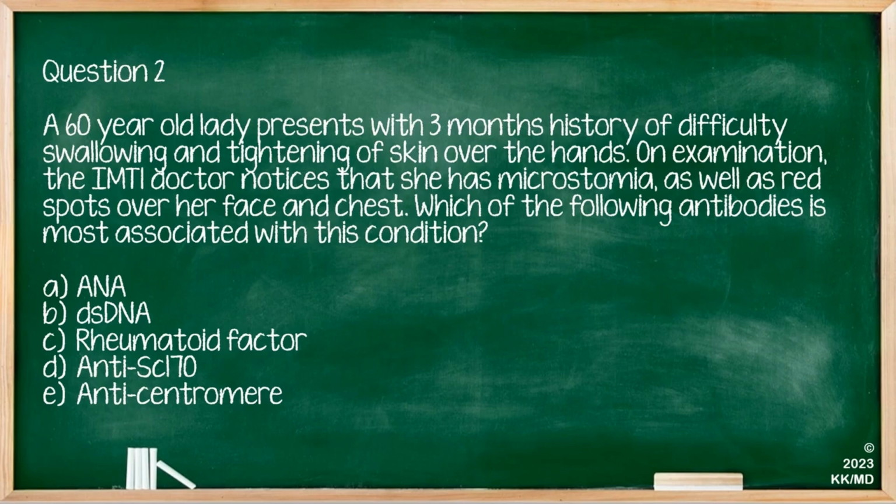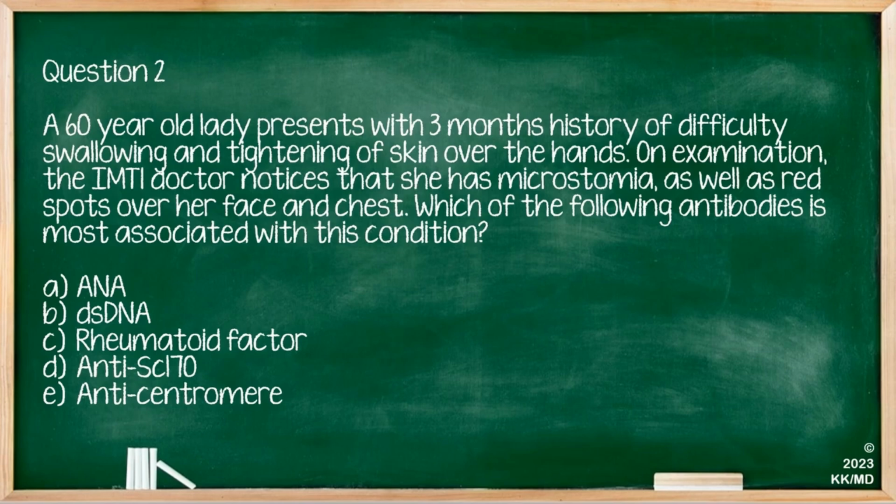If you recall, you have two types of systemic sclerosis, limited and also diffuse, and your limited type is correlated with anticentromere antibody, and your diffuse type is correlated with anti-Scl-70 antibody.